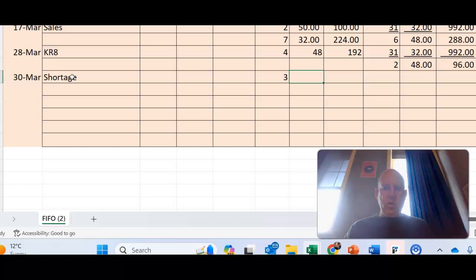We're going to take the oldest price first. So if we're looking here, that's the 32 price. So now instead of 31 at 32, we have 28 at 32, and we've still got that 2 at 48.